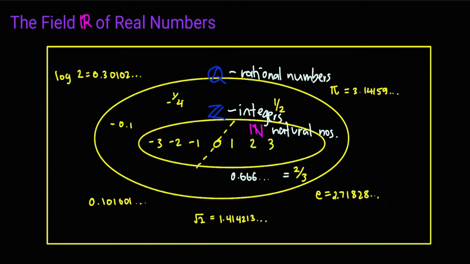Numbers whose decimal representations are non-terminating and non-repeating are called irrational numbers. The irrational numbers are represented by the blackboard letter Q prime. The prime denotes that, in set theory, this is the complement of the rational numbers. So we call it the irrational numbers.